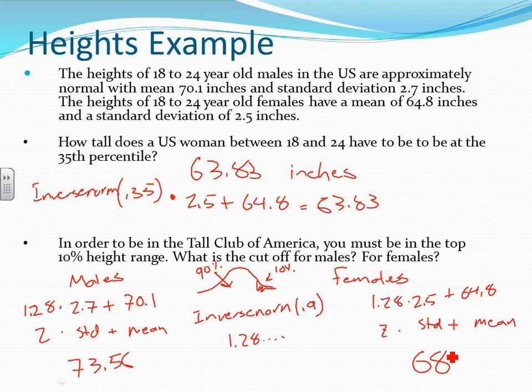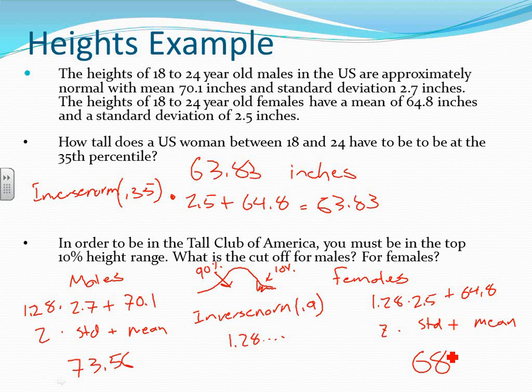Let's start our homework. Our homework is a worksheet. I advise you to do it before you leave. We have questions that go from a percentile to an observation, that's this class. Questions that go from an observation to a percentile, that's last class.